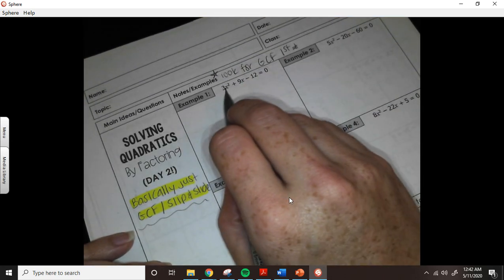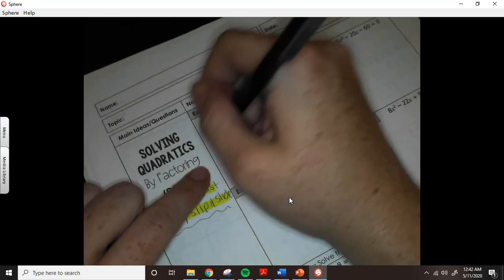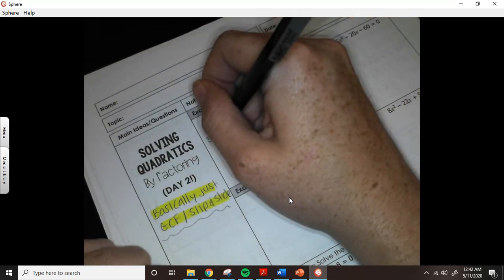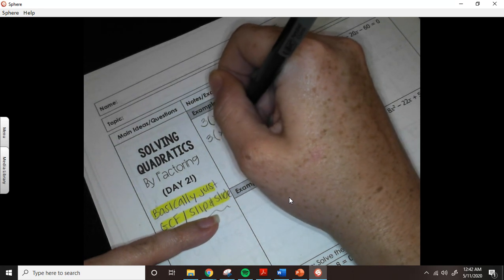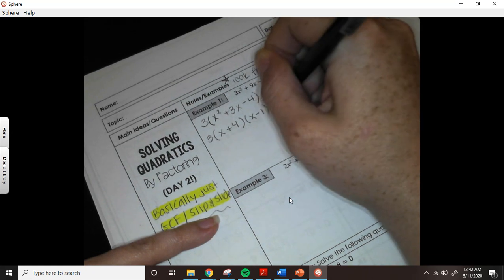So in this one, 3, 9, and 12 all have a GCF of 3. So this becomes 3 times x squared plus 3x minus 4 equals 0. We're going to factor this, but leave our GCF outside. So what multiplies to give me -4, but adds to give you +3? That's going to be +4 and -1.